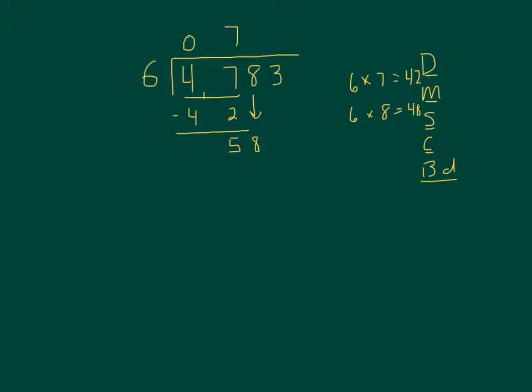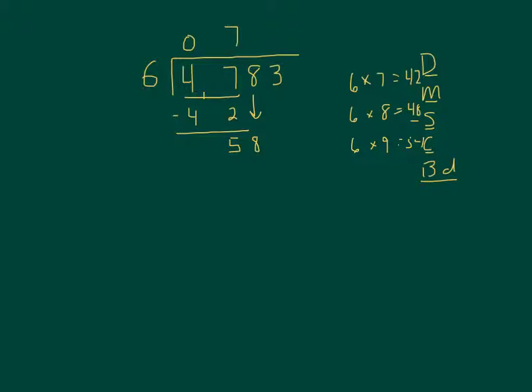If I come over to my problem here, 48 is going to be closer than 42, but I think it might be a little bit smaller. So let's try 6 times 9, which is 54. That one will work.